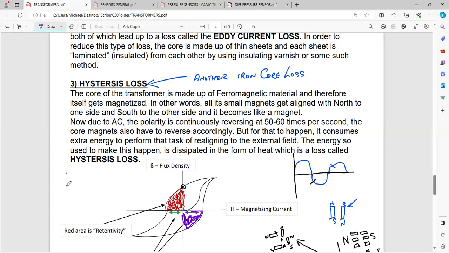So if this is a piece of metal and you're going to force a current to be flowing through it, this current that is flowing is going to be called the magnetizing current. Inside this piece of metal, you're going to have a lot of tiny, tiny magnets.